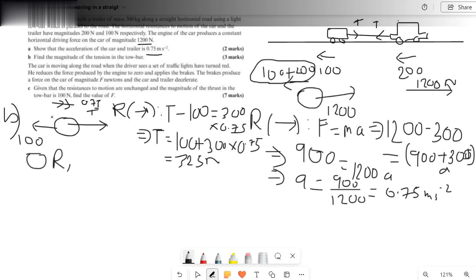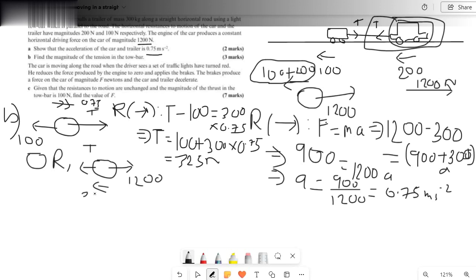Or using an alternative method, by considering the motion of the car, this is the tension referring to this portion of the diagram, this is the driving force of 1200 newtons, and this is a resistive force of 200, and the acceleration is in this direction.